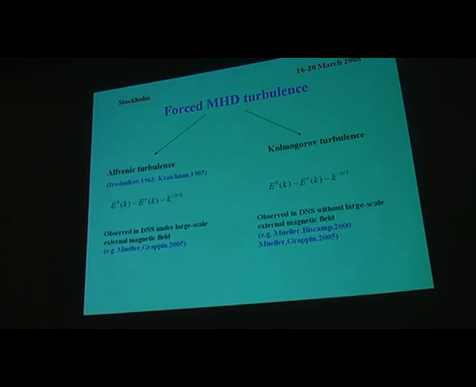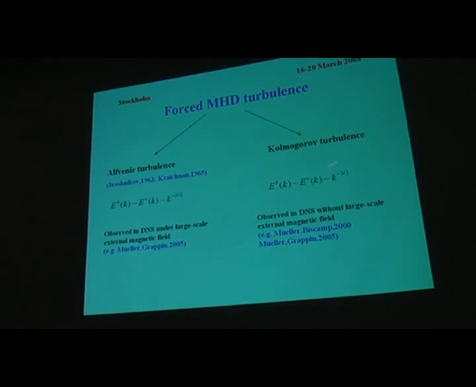What about forced MHD turbulence? Different scenarios are suggested, and both of them are well known. This is the Iroshnikov-Kraichnan law, which comes from the idea that Alfvénic turbulence governs the turbulence. And the second possibility is Kolmogorov-like turbulence, in which the kinetic and magnetic energy follow the five-thirds law.